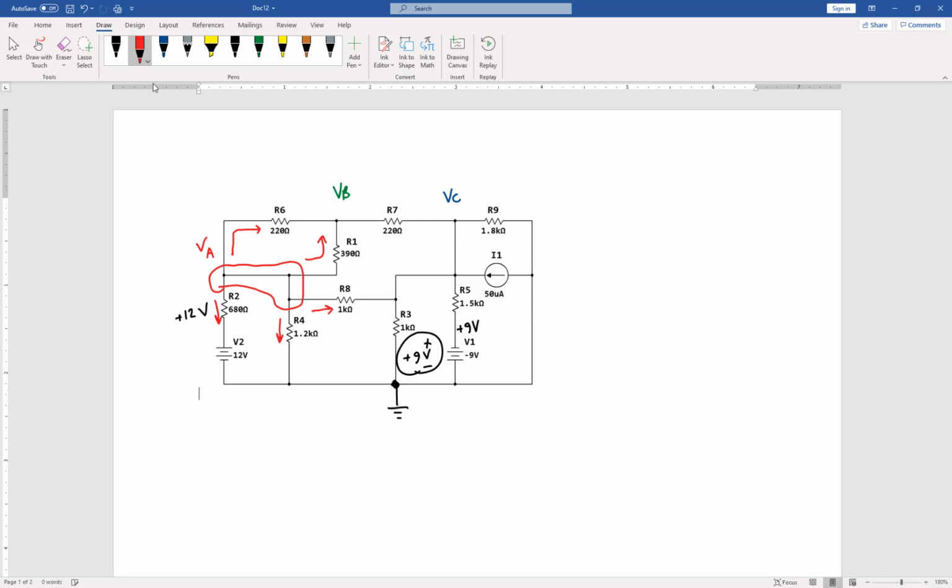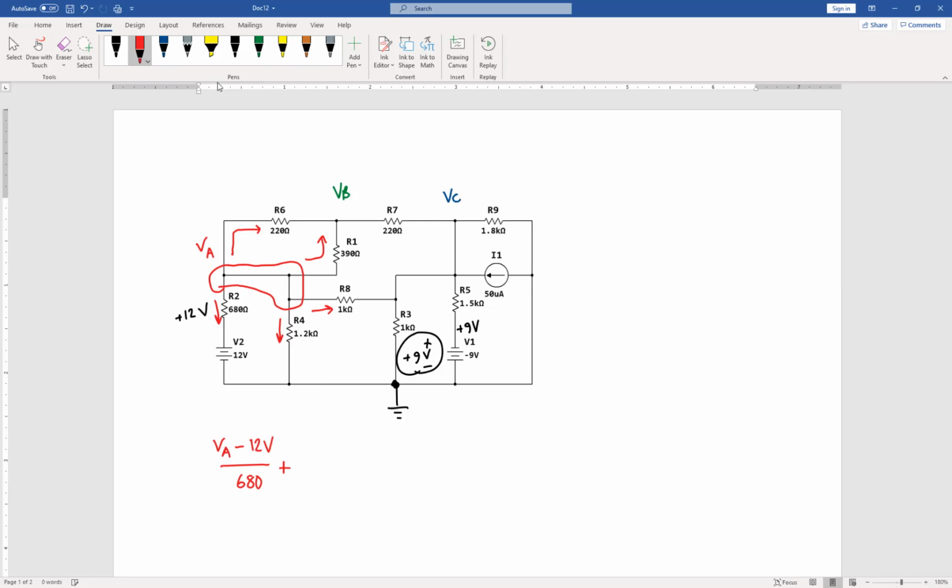So let's just start writing the equations. For the current going downwards, we have VA on one side of it. On the other side, we have positive 12 volts. So VA minus 12 over 680. So that's one of the currents.